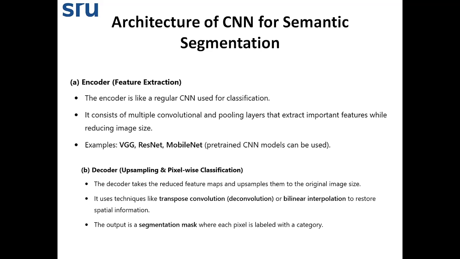It utilizes a technique called transpose convolution, also called deconvolution, or bilinear interpolation to restore spatial information. Output is the segmentation mask, where each pixel is labeled with a category.